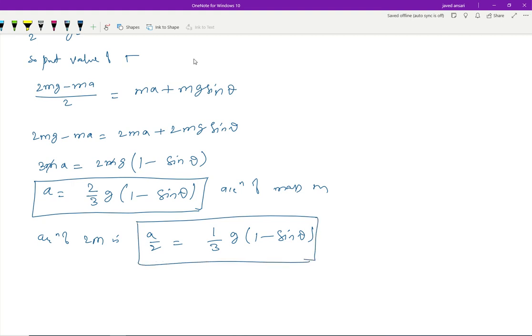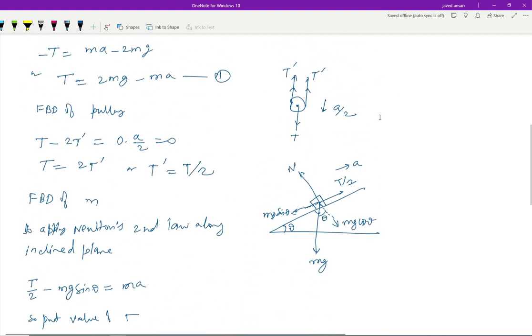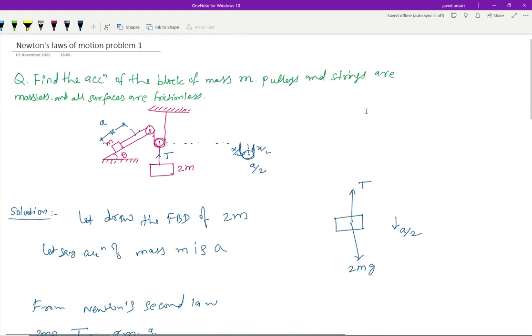That's it. Okay, interesting. So what did we learn here? Let's do a recap. What we learned here is, you need to observe the system carefully. If there are strings which are wrapping multiple times, right?